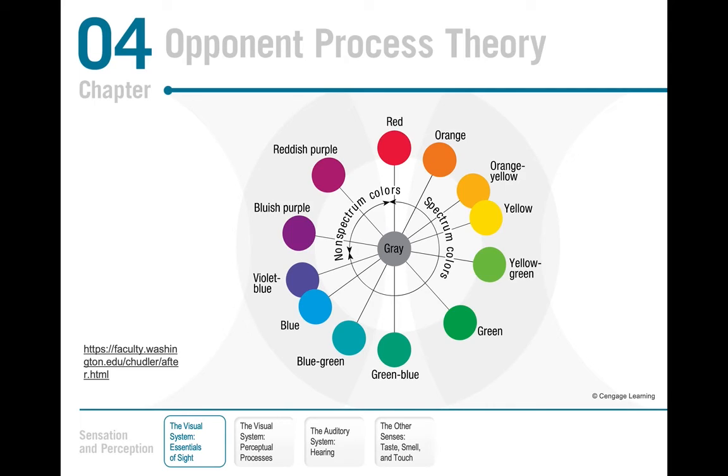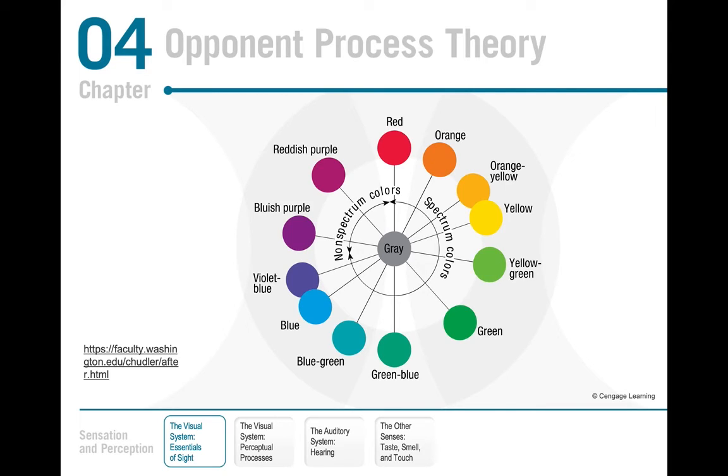Well, there are two ways that you can think about it. First of all, complementary colors are pairs of colors that produce gray tones when mixed together. So if you mix purple or violet blue and yellow, you get gray. You mix red and green blue, you get gray. And so on and so forth, as shown in this diagram over here.